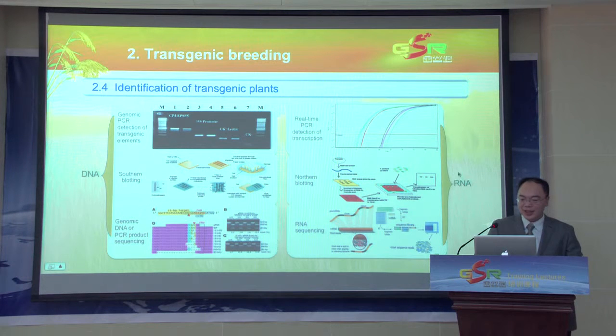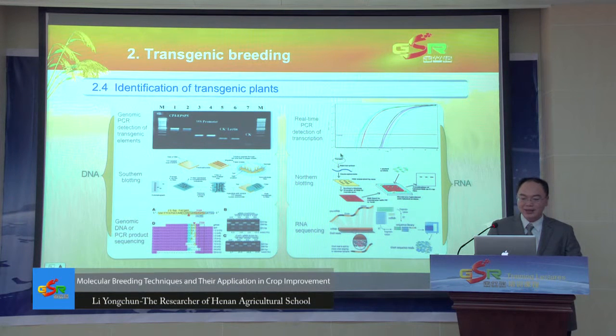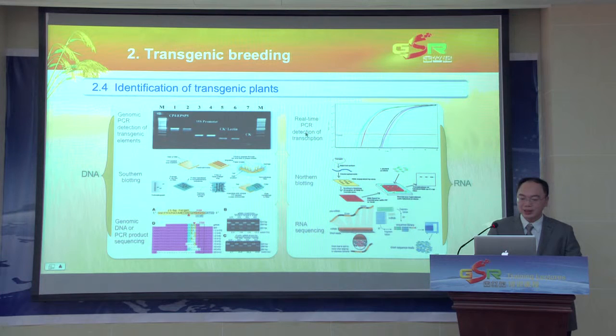And secondly, we can identify transgenic plants at the RNA level. The methods include real-time polymerase chain reaction, northern blotting, and RNA sequencing techniques.